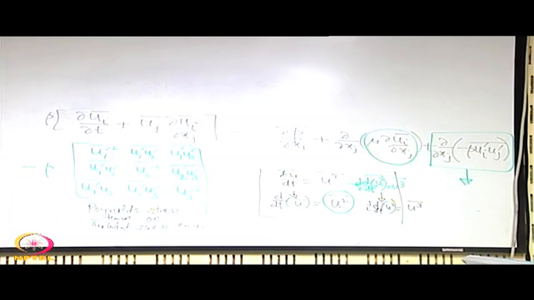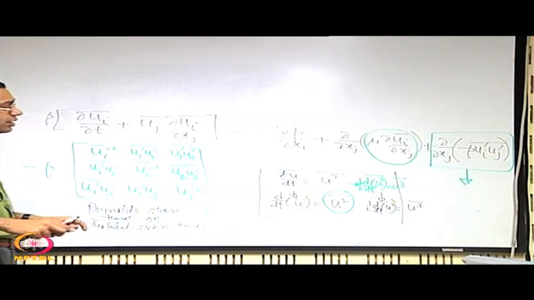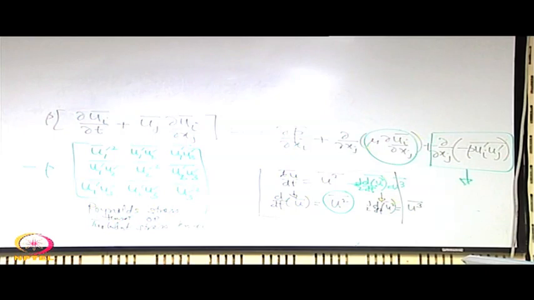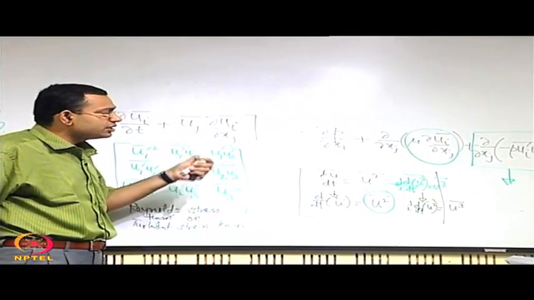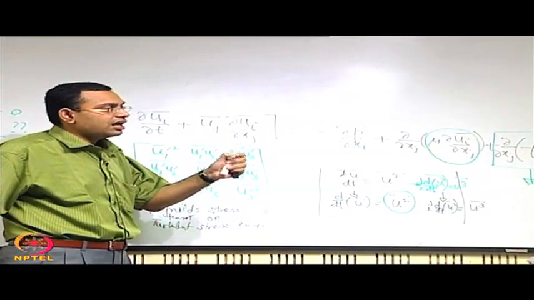the hydrostatic component. And deviation from the hydrostatic component is something which is important for modeling the constitutive behavior, because that is something which gives rise to the relationship between the stress and the deformation.